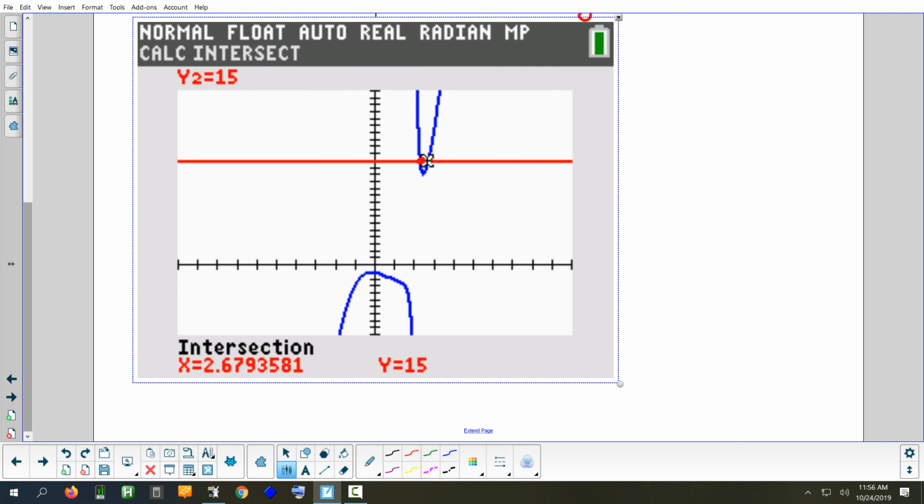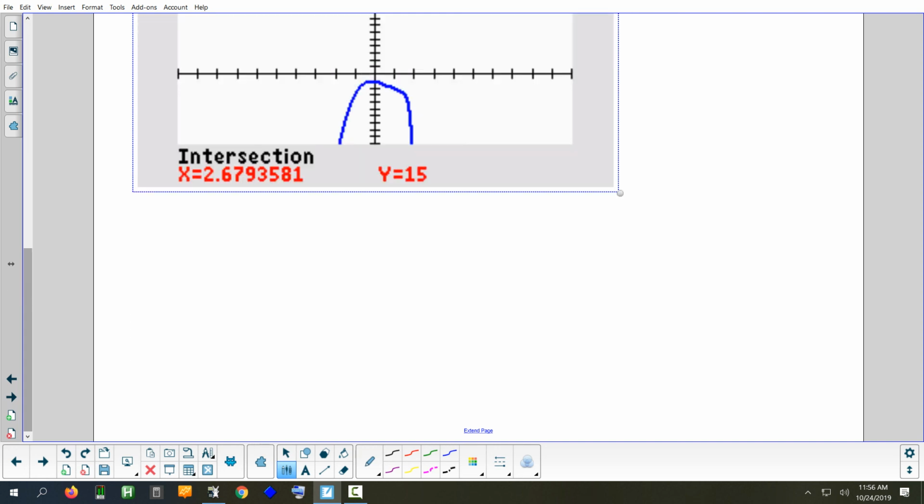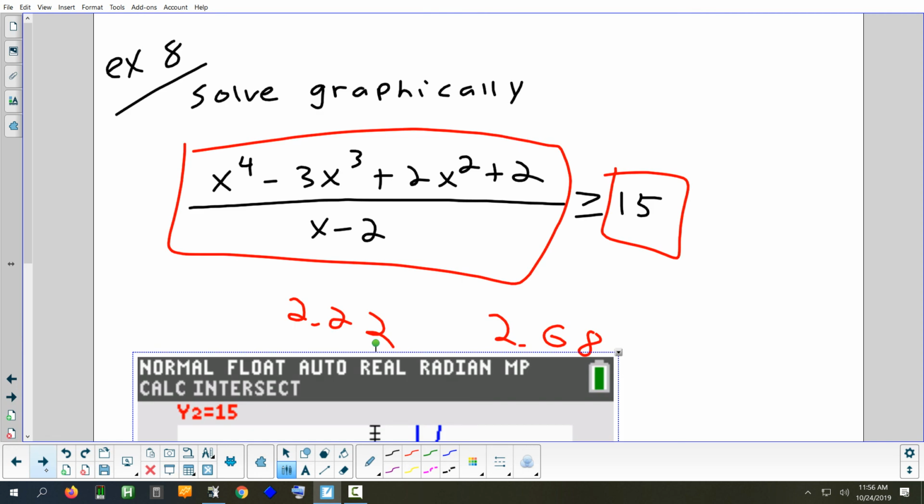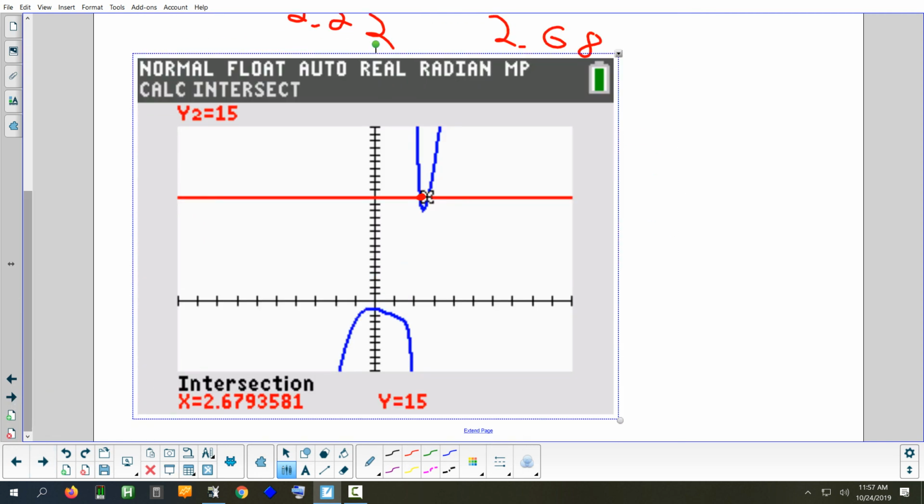What's that point right there? 2.22. Okay, and did it say equal to? It did. So it's going to end at 2.22, including it. Where does this interval start? 2. Starts at 2, but not including 2.